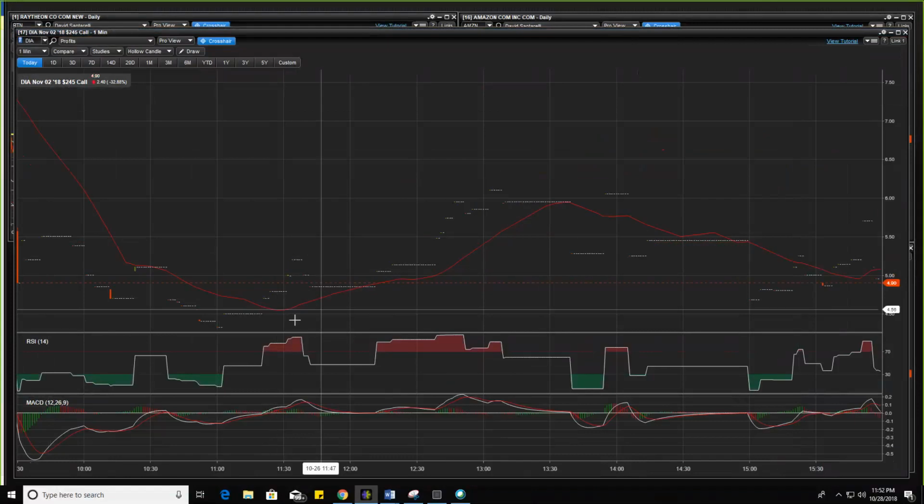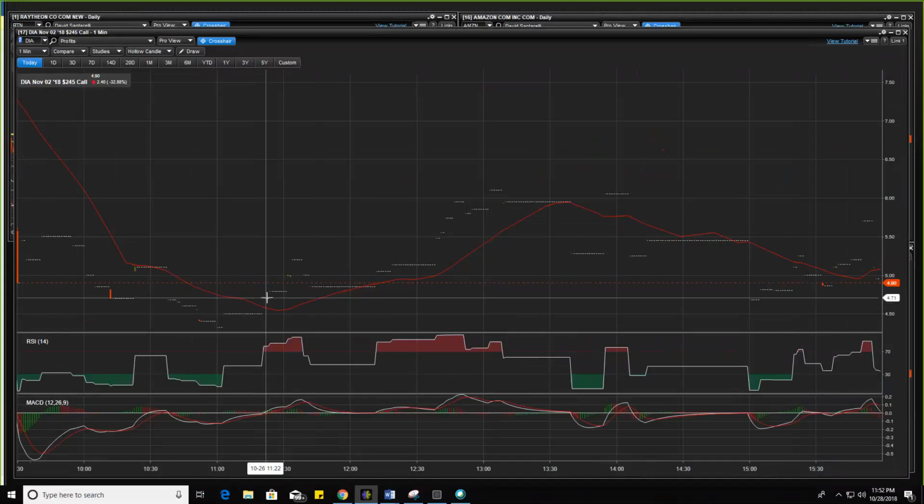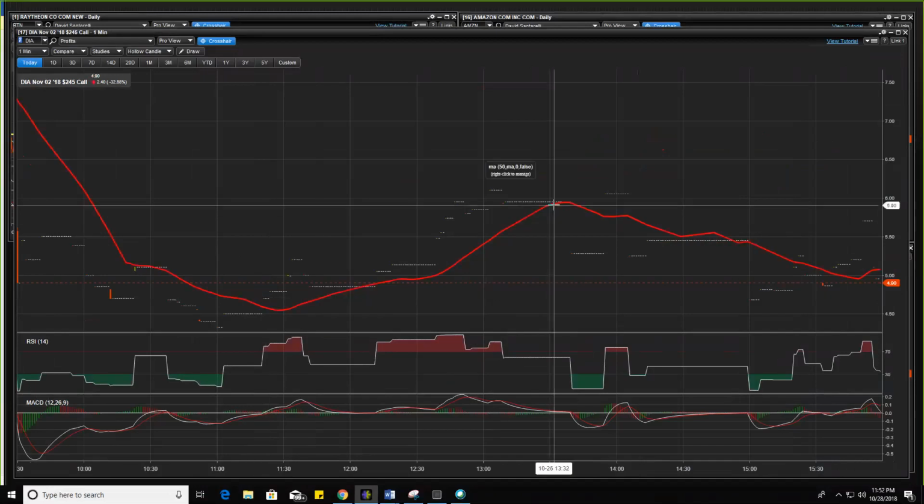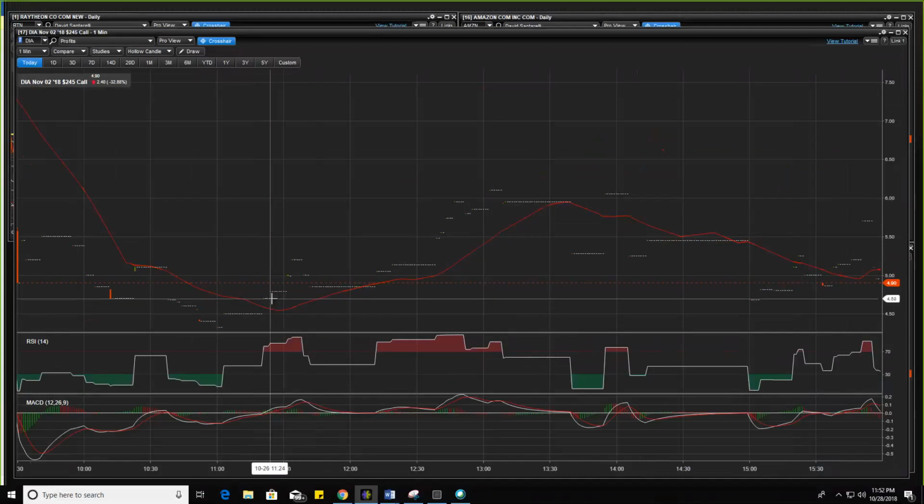So here it was above the SMA. Let's say right here at 4.71. And at 13:30, we got our sell signal. So where was our buy signal? Our buy signal was at 4.70. So let's write that down: 4.70, that's our entry, and this is the actual contract itself.